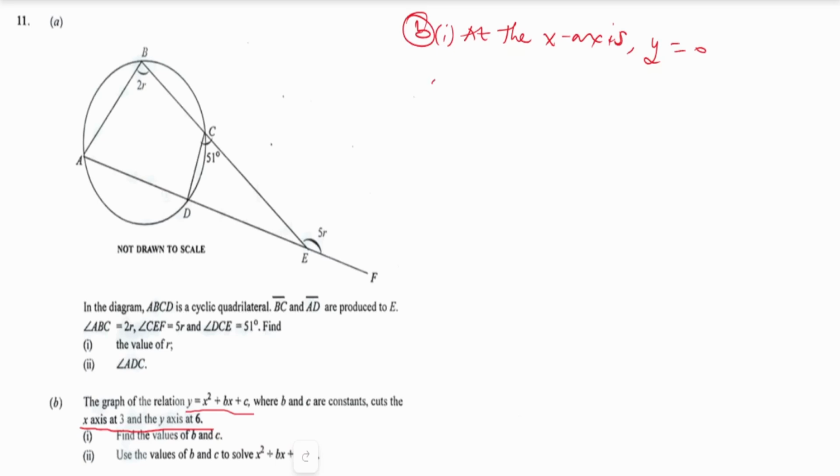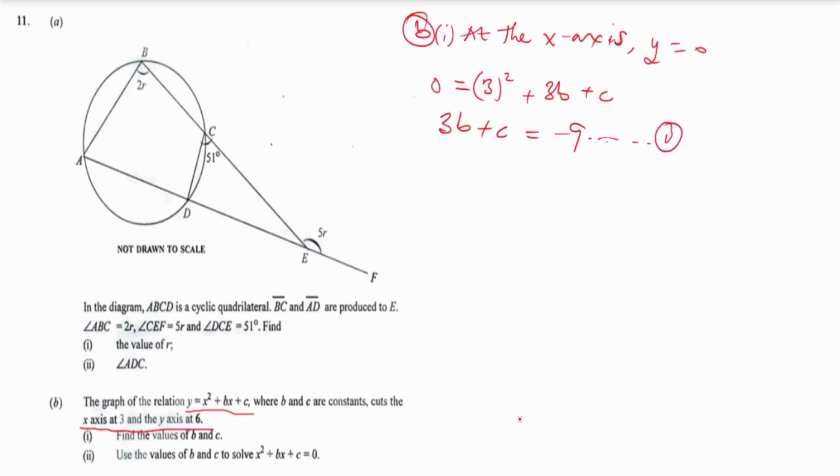So that becomes 0 equals 3 squared plus 3b plus c, and then 3b plus c will give us -9, because this is 9, and when we move it to the left side it becomes -9. And let's make this equation 1, because we'll come back to it.